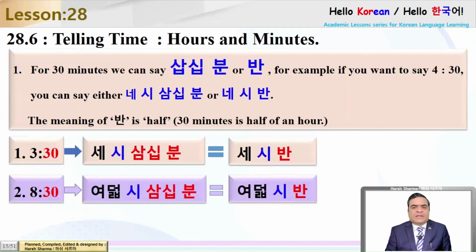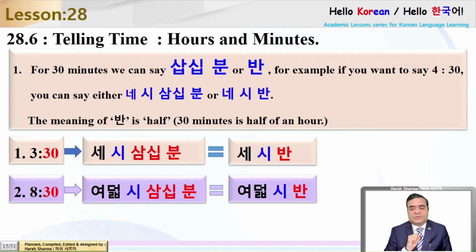This part is regarding how to tell samshipbun. For 30 minutes, we can say samshipbun or ban. For example, if you want to say the time is 4:30, you can say either nesi samshipbun or nesi ban. Both are equivalent, everyone. The meaning of ban is half, and 30 minutes is half of an hour.